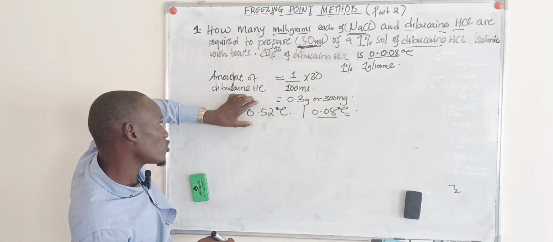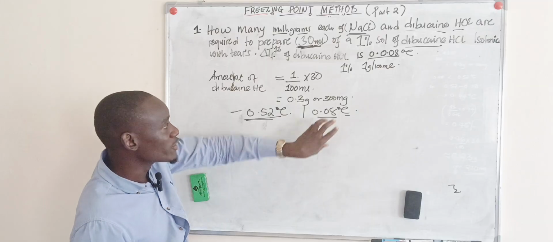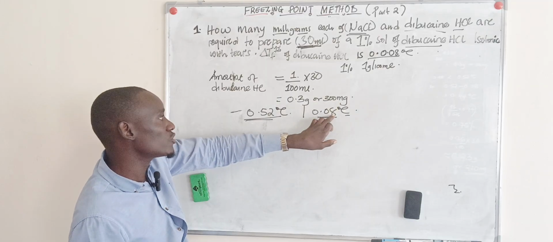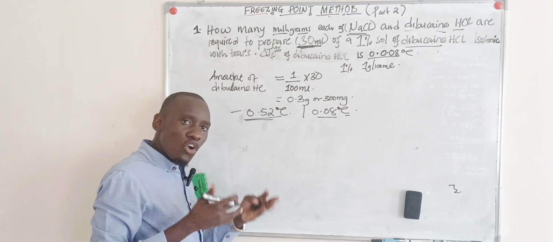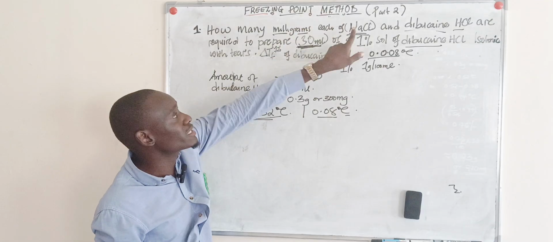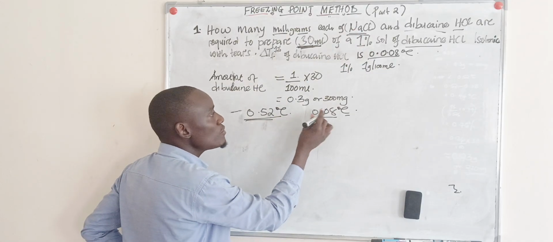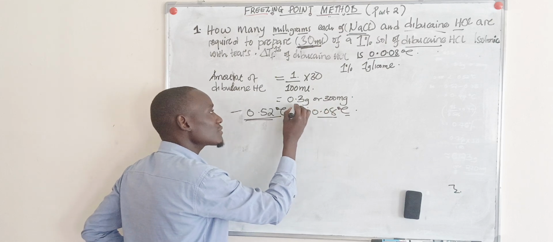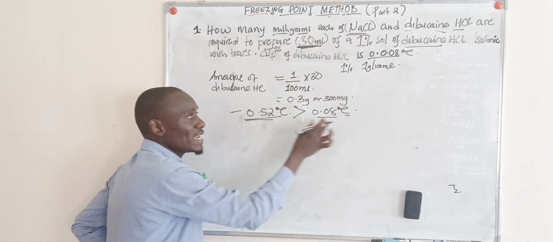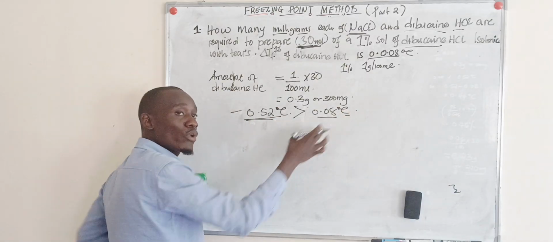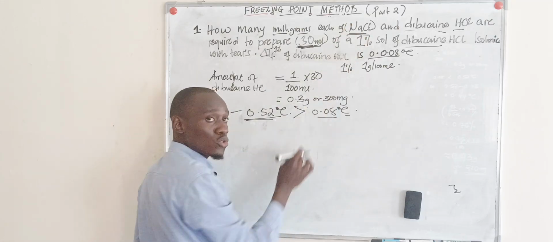For a solution to be isotonic, we must have a freezing point depression of 0.52, but what we have at hand is 0.08 degrees Celsius. That means we need to adjust this solution to isotonicity using sodium chloride. When you compare these two, you realize that butyl hydrochloride gives less than the one required to make the solution isotonic, so the remainder will be provided by the isotonic modifier, which in this case is sodium chloride.